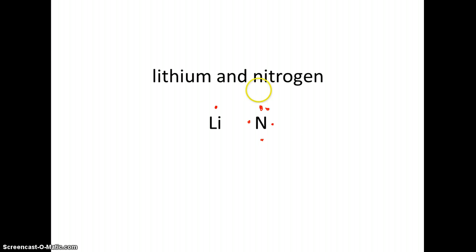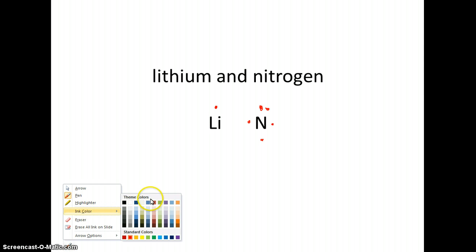As I mentioned in class, if you have a pair of electrons in one of those poles, there's no possible way to bond. So nitrogen can't bond here, but it can bond here, here, and here. And we see that we have lithium that offers one electron that it can bond to. So we'll change colors here and just show how that might actually look.